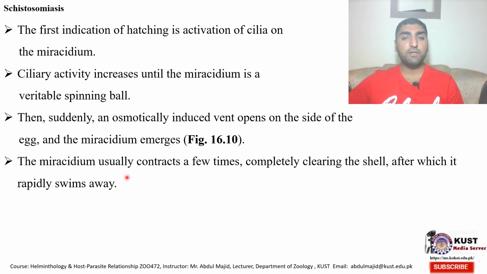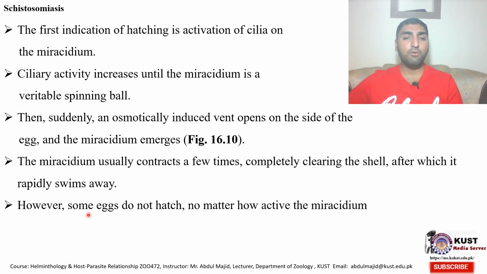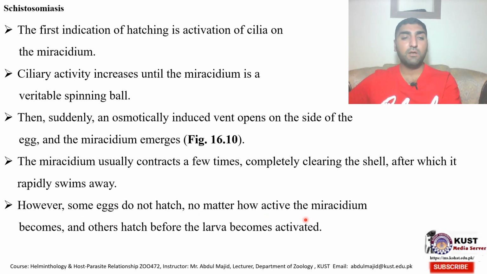The miracidium usually contracts a few times, completely clearing the shell. So with that contraction and the ciliary movements, it will completely clear the shell, after which it rapidly swims away, and then it will swim into the water in search of the next host. However, some eggs do not hatch no matter how active the miracidium becomes, and others hatch before the larva becomes activated.